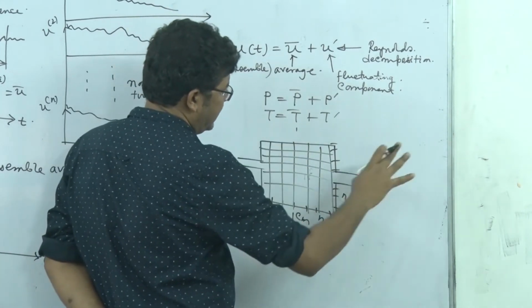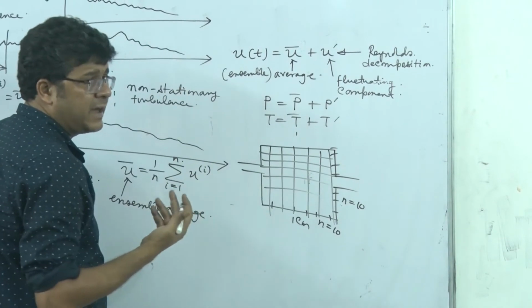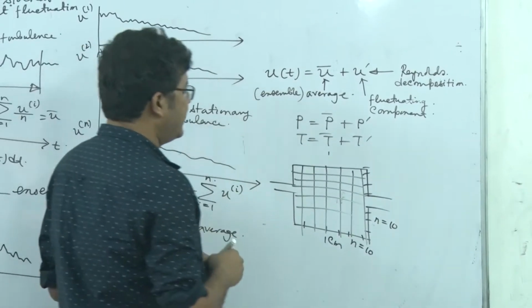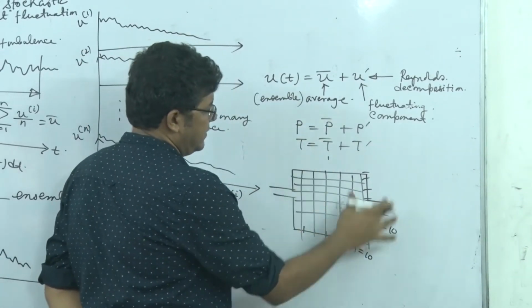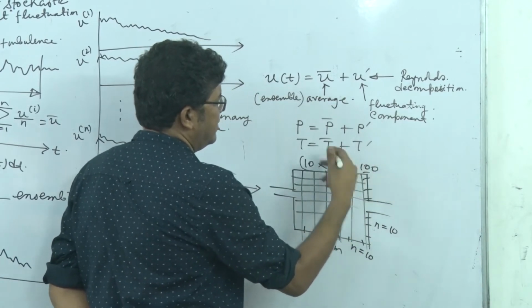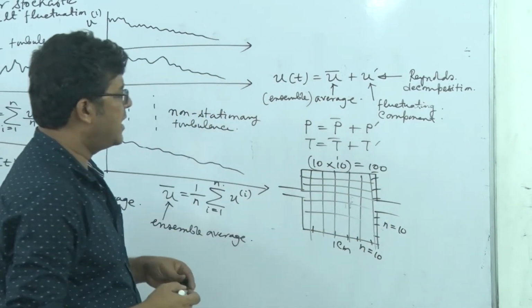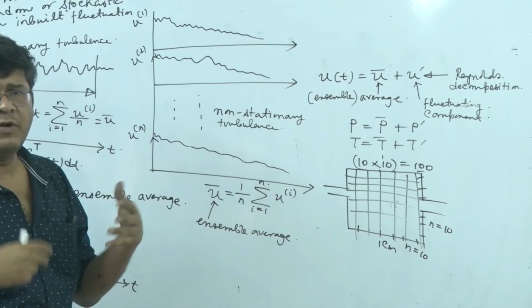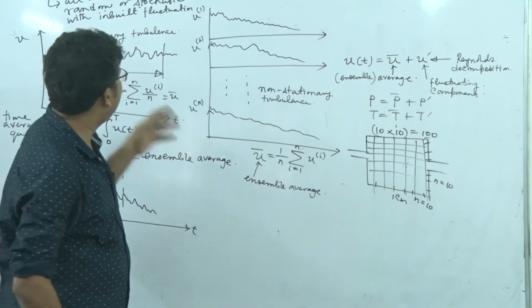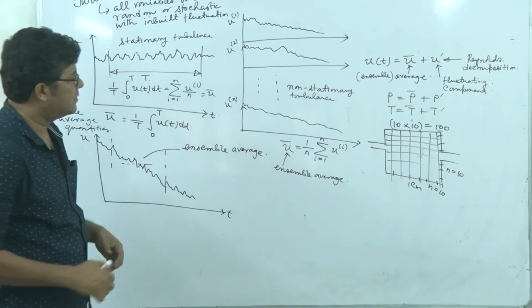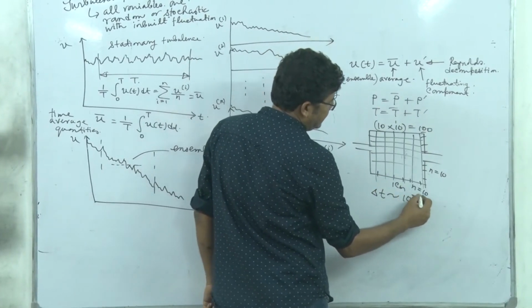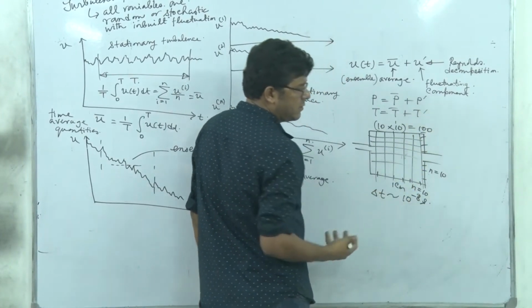So we will write the Navier-Stokes equation and discretize it using the finite difference or finite element scheme, and we get a set of 10 into 10, that is 100, algebraic equations which you can solve over the time interval. Now the point is, the time interval is 10 to the power minus 8 second, it's changing, right?